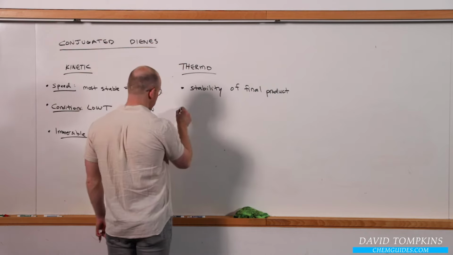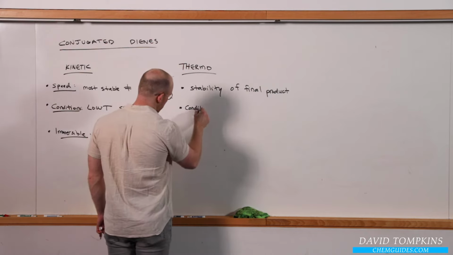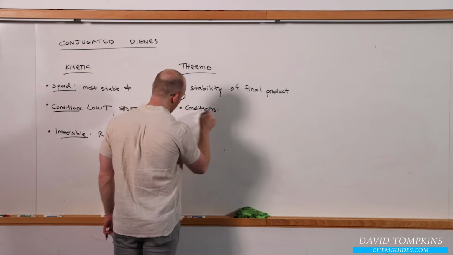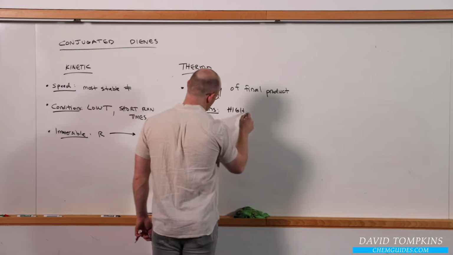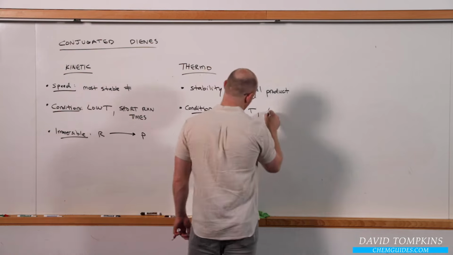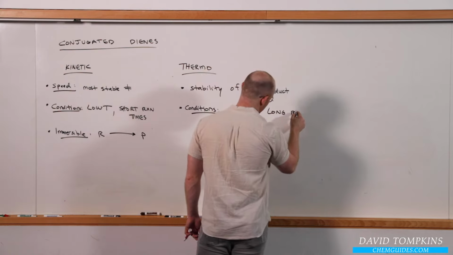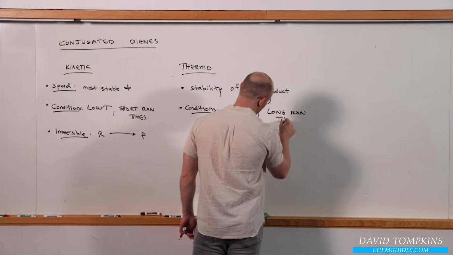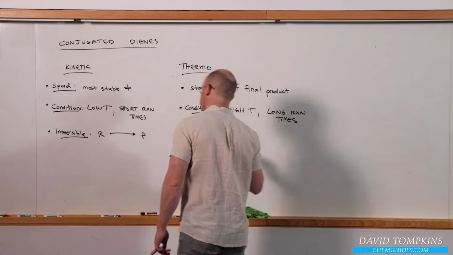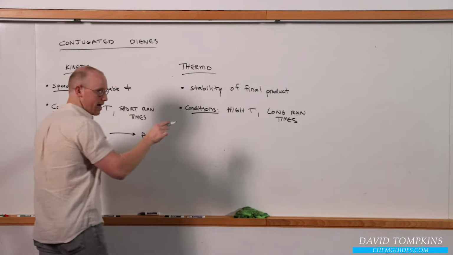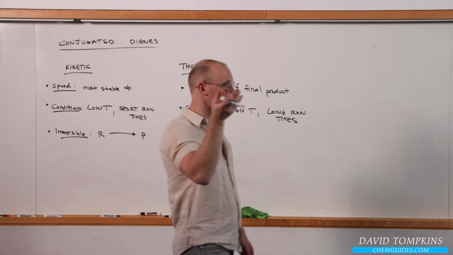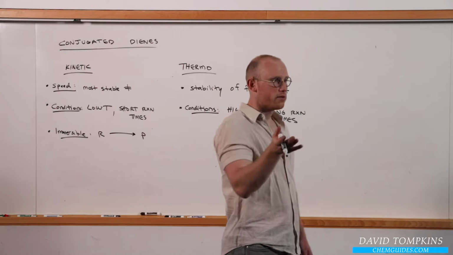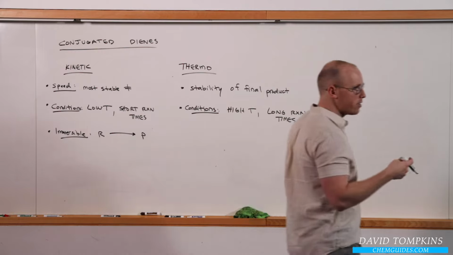Thermodynamic control is indicated by conditions that are the opposite. Those that are high temperature and/or long reaction times. When you have a higher temperature, you raise the kinetic energy of the molecules in solution, and they can collide more frequently and with higher energy.